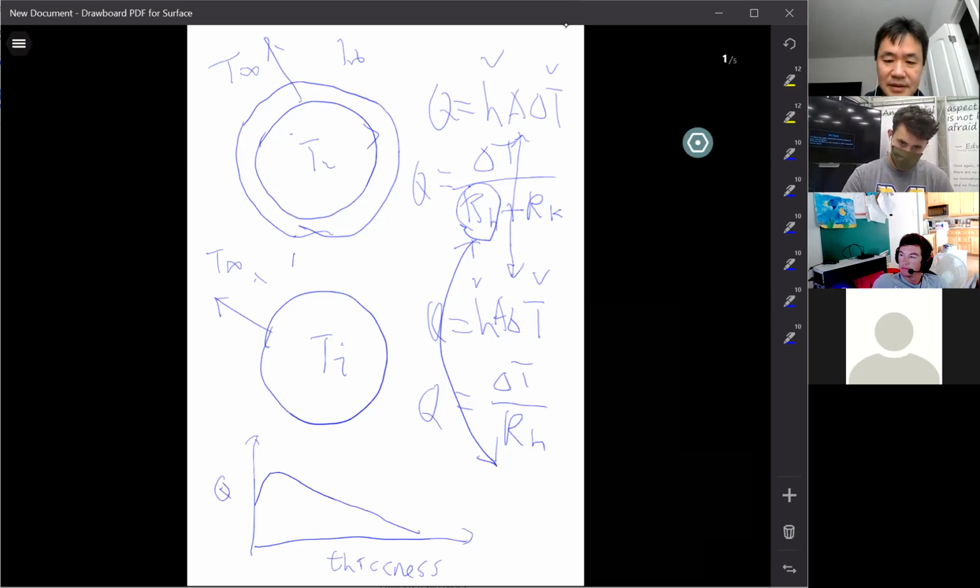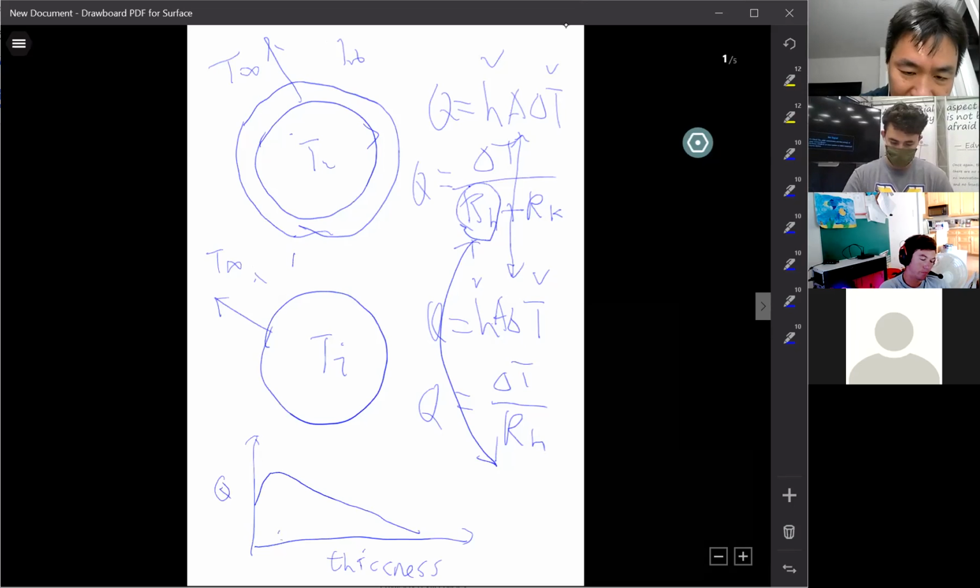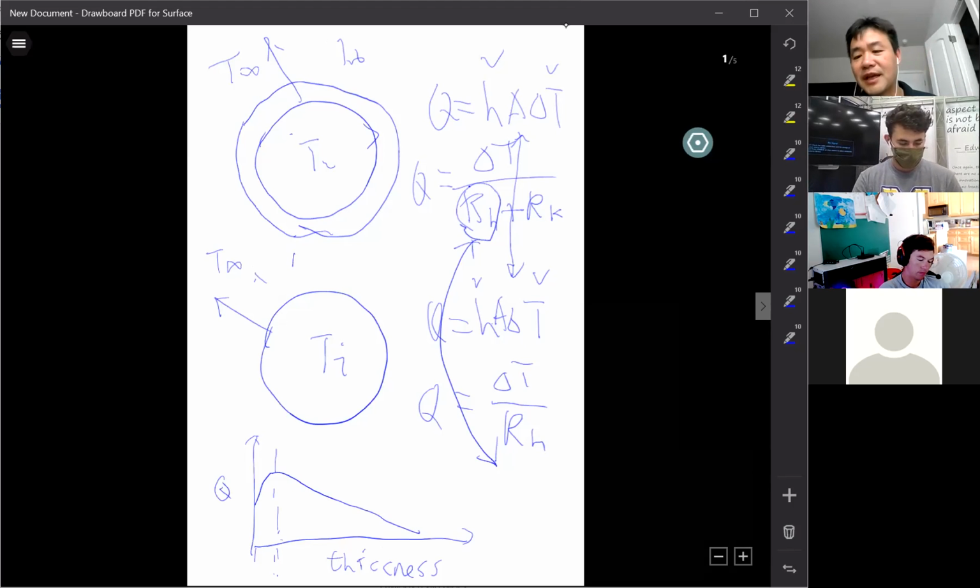If your thickness is too little, within this range, then the heat transfer actually increases. It's pretty bad. Then if your thickness is thick enough, the heat transfer of course goes down, because this is called insulation, right? It helps you reduce the heat transfer. So that's the critical thickness.